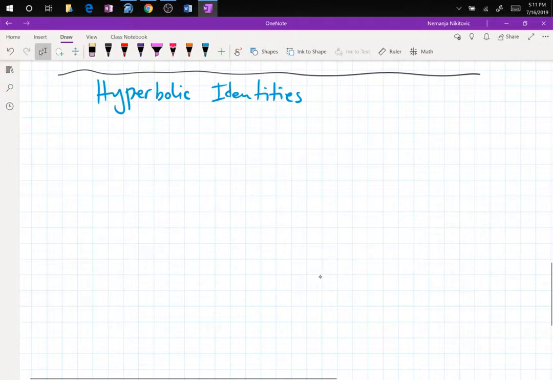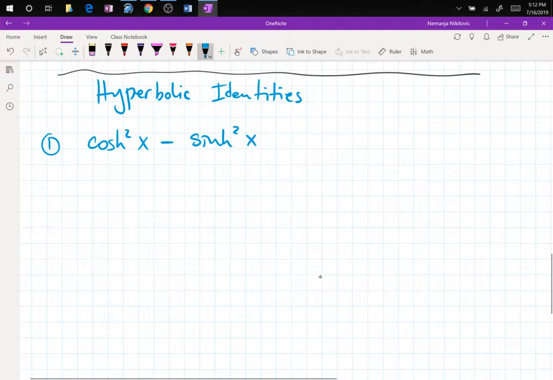I'll solve that one as well, which leaves you with another 10 to enjoy at home and possibly see on a test. So number one on the list: cosine hyperbolic squared x minus sine hyperbolic squared x is equal to 1.